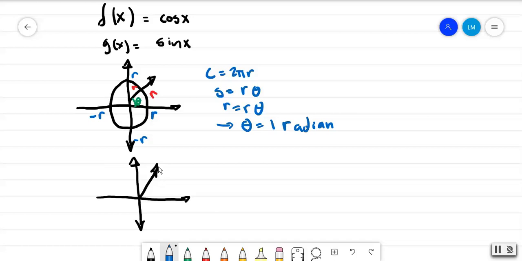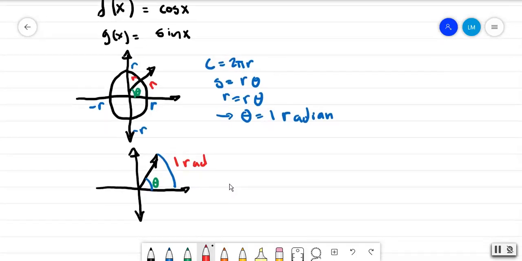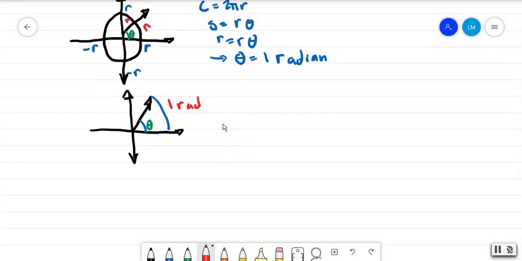If we go like this, and then like that, this right here is my angle theta, and this right here could be my 1 radian. So this gives you an idea of what a radian measure is approximately, which is a little more than 45 degrees in actuality.